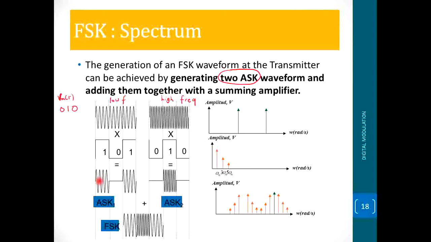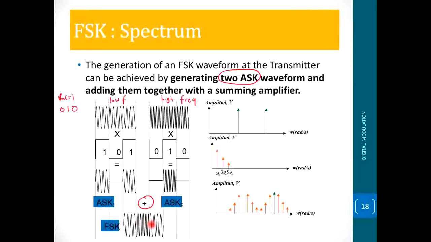For example, the actual signal is 0 1 0, but to generate the low frequency, the low frequency from the local oscillator is multiplied with 1 0 1 to generate this one, and then it's multiplied with the original 0 1 0 with the high frequency to generate the high frequency, and then they are summed together for the ASK1 and ASK2.